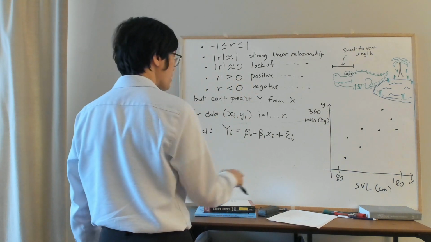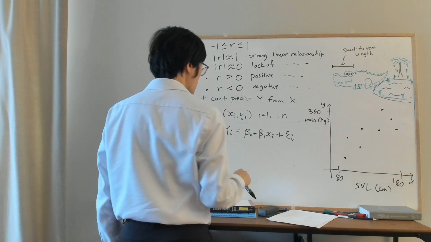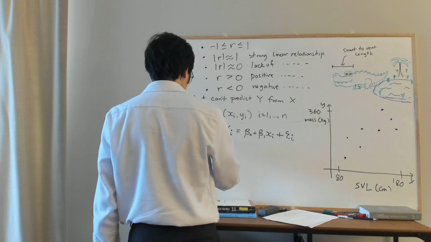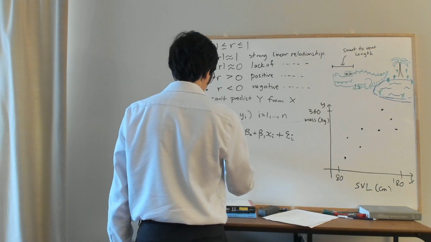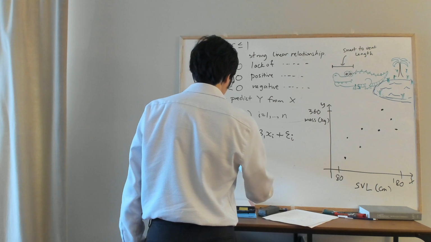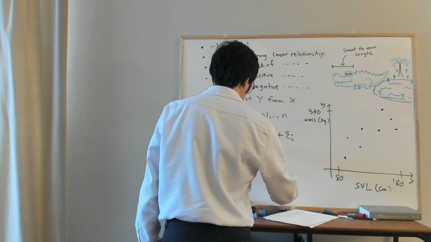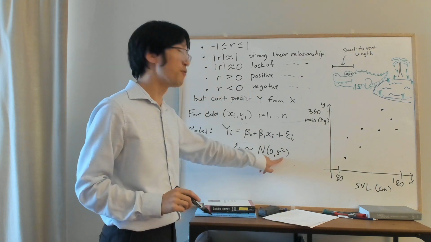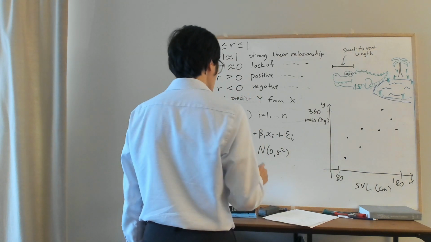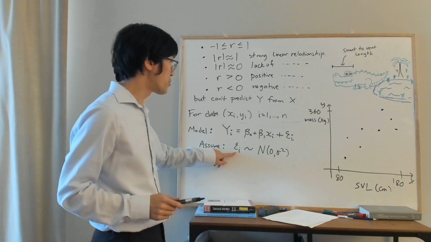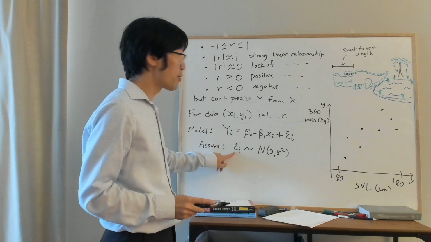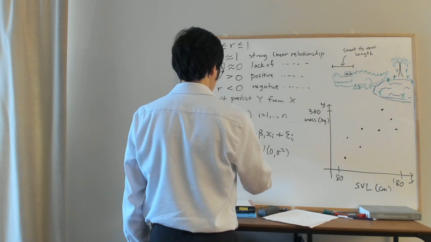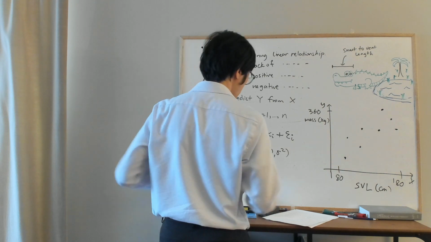Our assumption then is that this random noise term is normally distributed. So let's write that assumption down. Epsilon i is distributed normal, mean 0, variance sigma squared. In this case, we're going to assume that all the epsilons have the same distribution and they're all independent. The acronym is IID, which I'll put on top of the tilde sign.